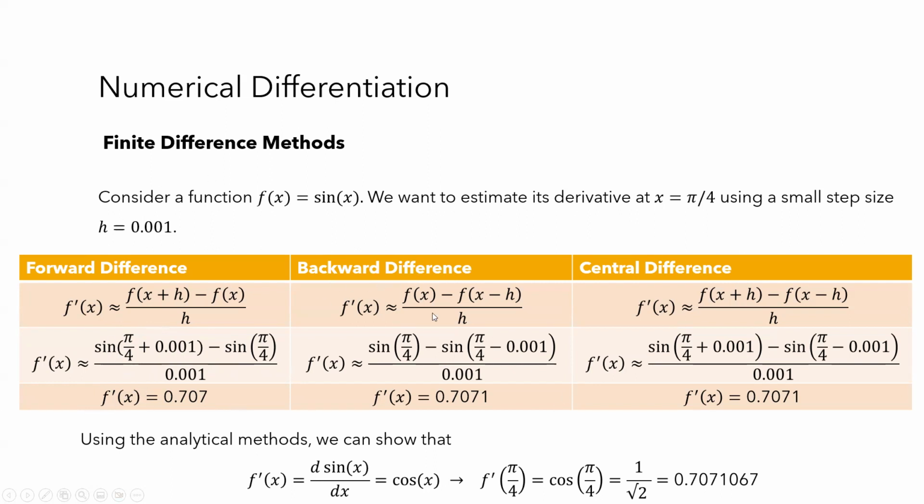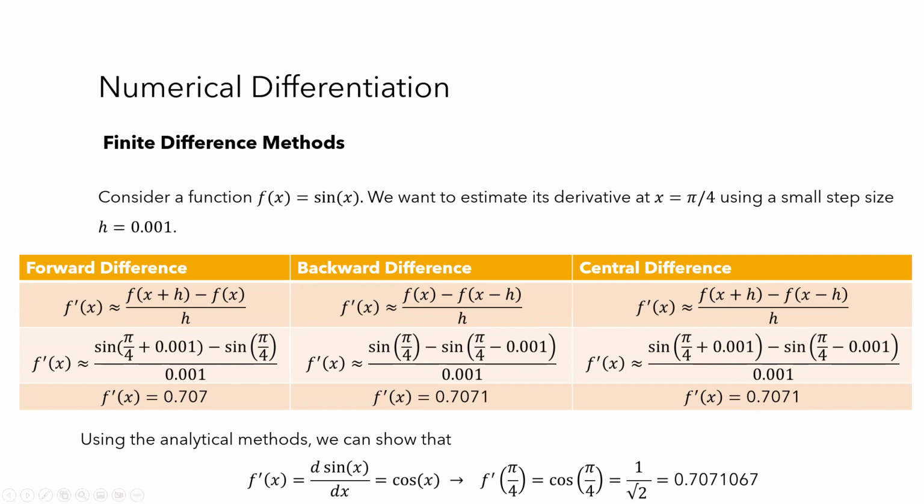And from the backward difference, if you do the calculations, you will get 0.7071. And from the central difference method, you will get the same values. And you all know that the first derivative of sine of x is cos of x, right?